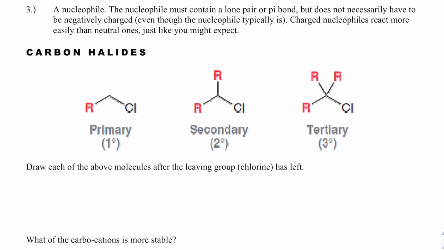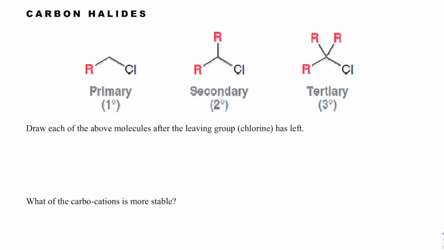Now, we've gone over carbocations, but here we specifically have carbon halides, which are carbon halogen groups, and I put chlorine here, but it could be bromine or iodide, and we should be familiar with primary, secondary, or tertiary. So if we remove the chlorine from each of these, what does this carbon group look like? Here, it looks like this, primary.